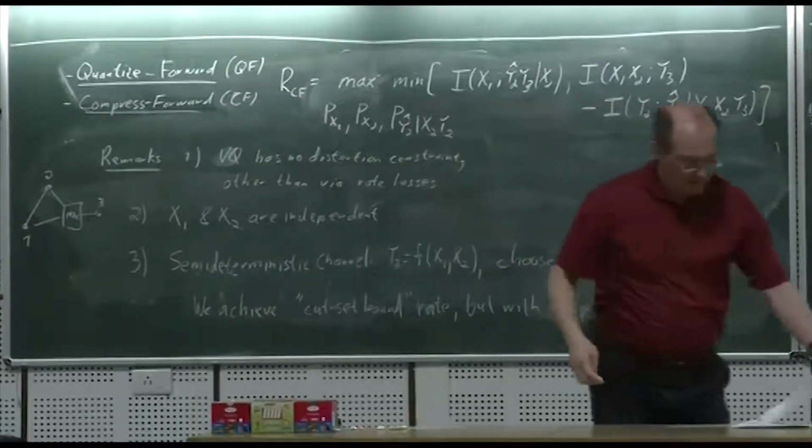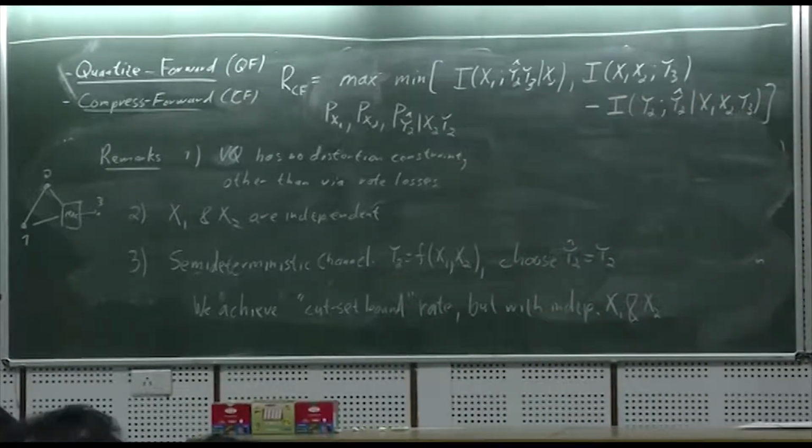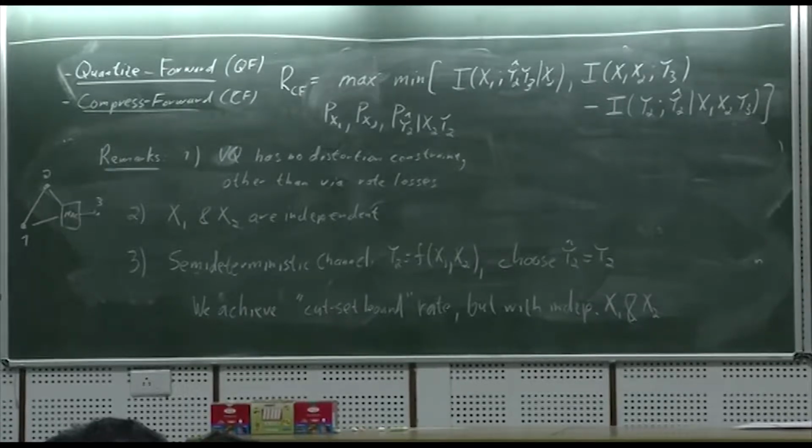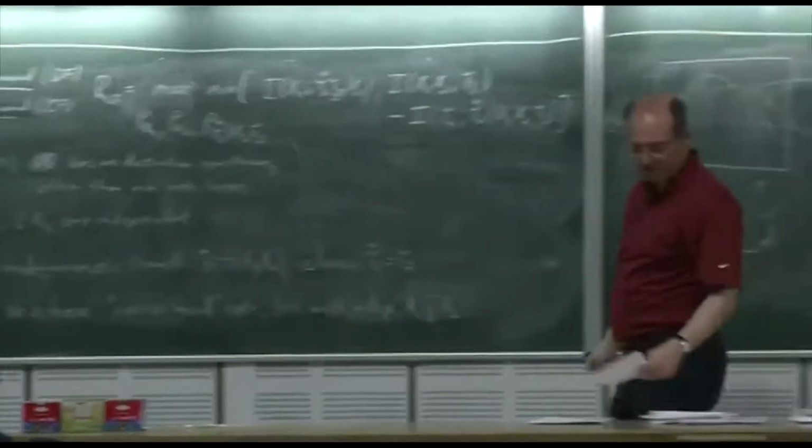Finally, and now we're getting towards the end anyway, and I don't know how much sense it does to do much more. Let me say a few words about the Gaussian channel. First, I'd like to show the single transmit antenna to single receive antenna case.